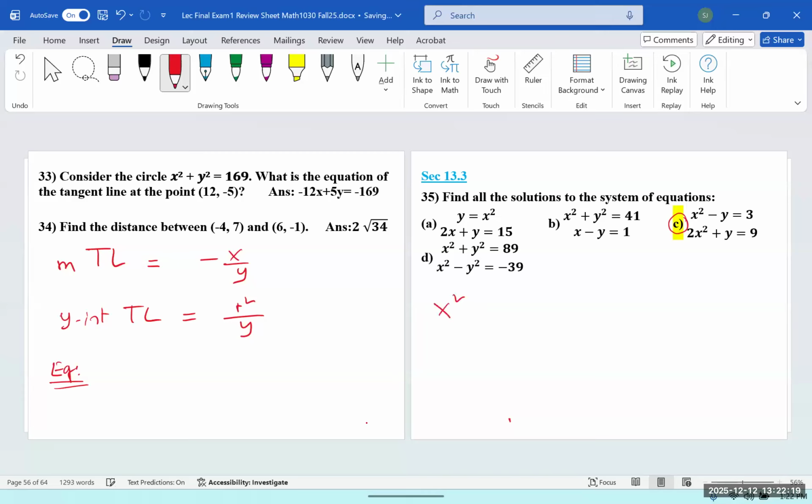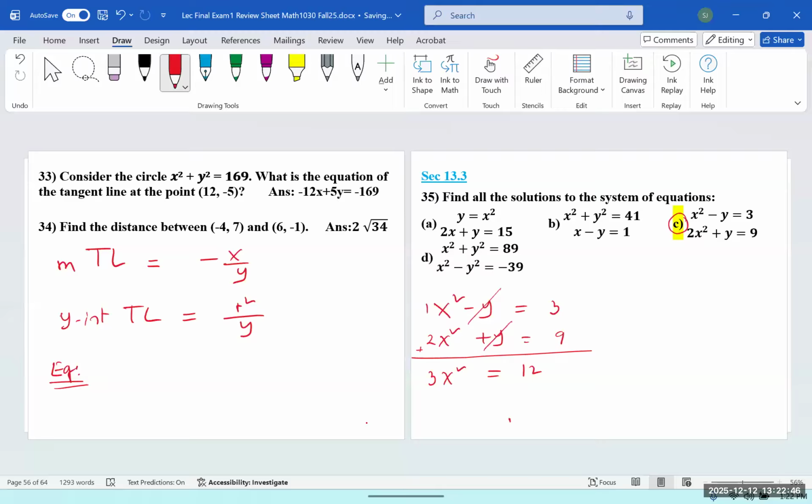We have x squared minus y equals 3 and 2x squared plus y equals 9. When you add these two, the y's cancel out. So you're using the elimination method. We're eliminating one variable. So you get 1 plus 2, 3x squared equals 12.